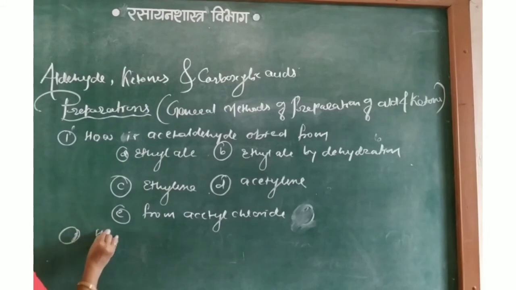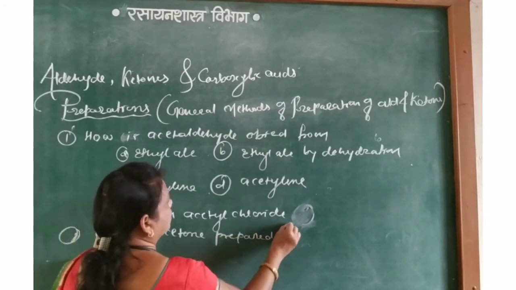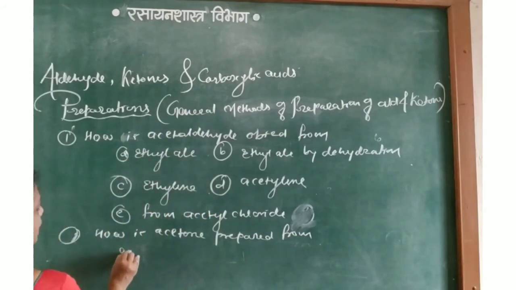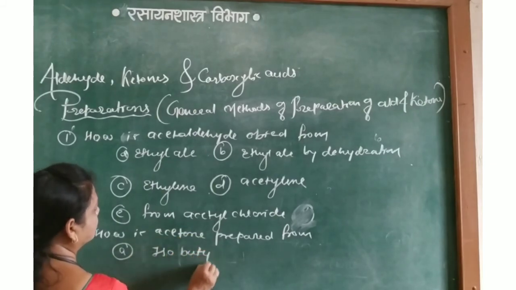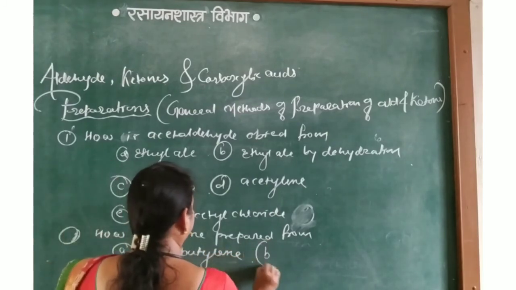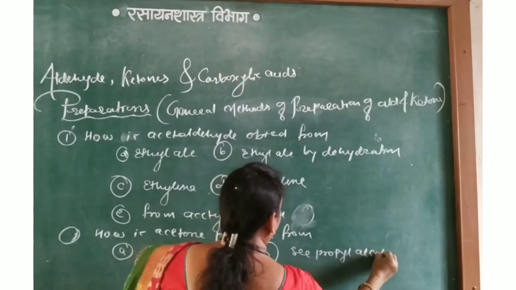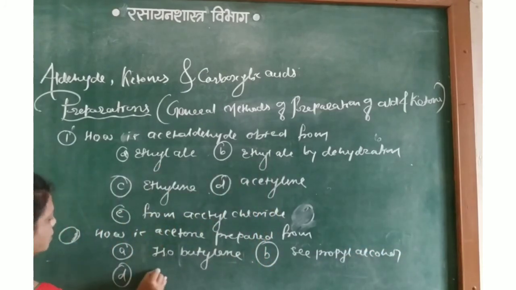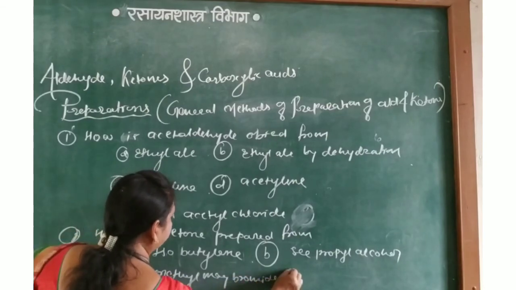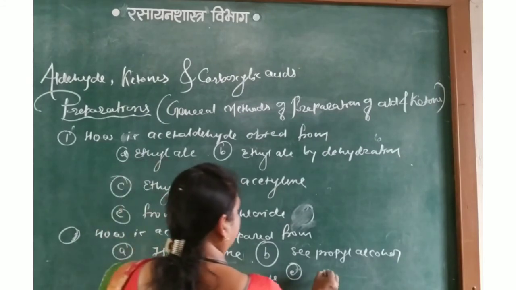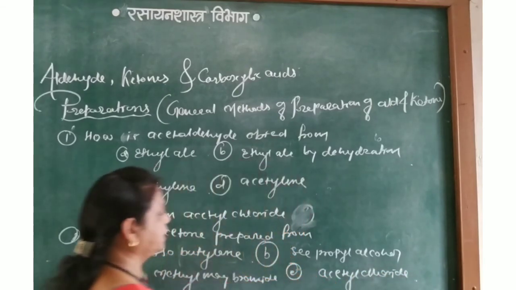Then second one, how is acetone prepared or obtained from A, isobutylene, B, secondary propyl alcohol, D, methyl magnesium bromide, E, acetyl chloride. Acetyl chloride. Okay.